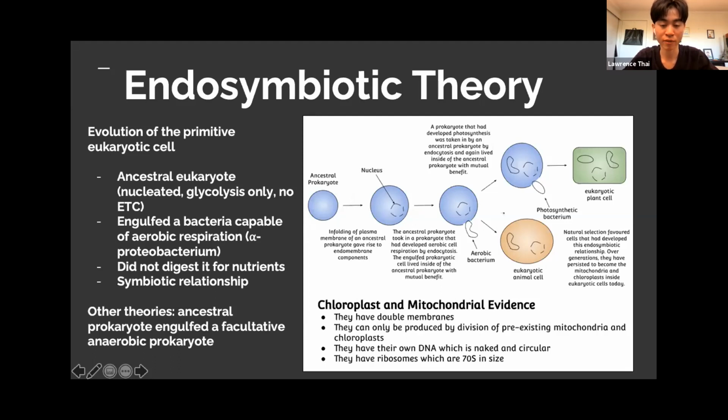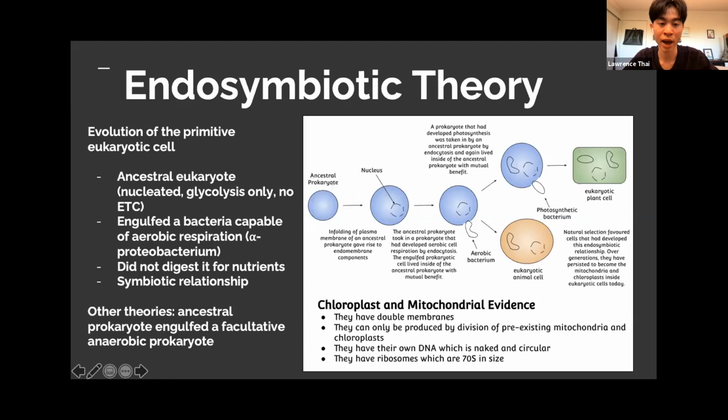They basically became facultative anaerobic once they gained the mitochondria, or when they ate the bacteria. Facultative anaerobic means that they can do both aerobic or anaerobic, but they prefer aerobic respiration if there's oxygen. So it's preferentially aerobic, but they can do anaerobic as well, like us.